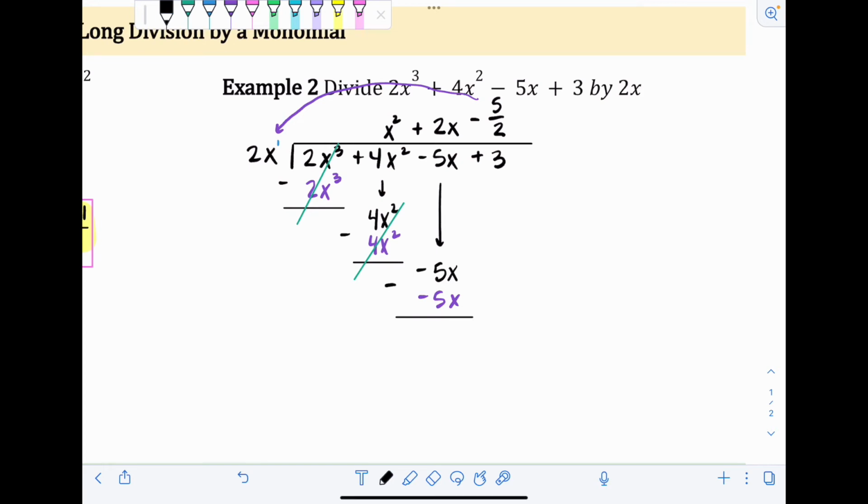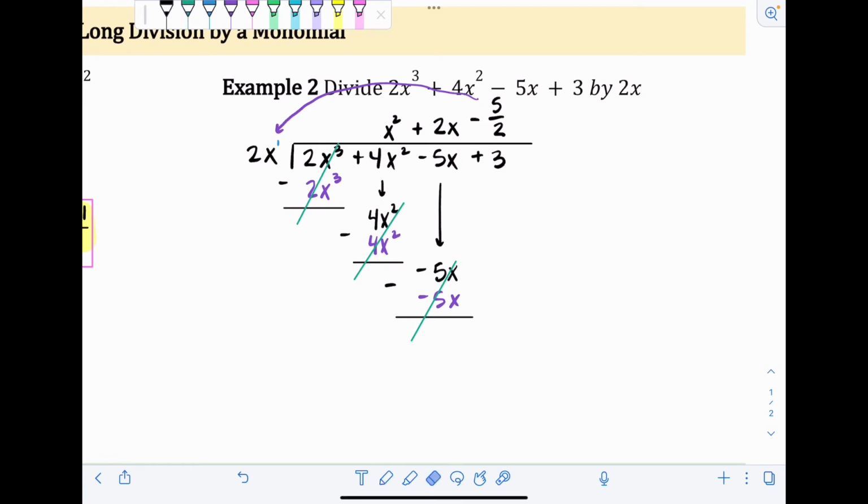So this is negative 5x minus negative 5x. Anything minus itself cancels out. You could also think of it as negative 5, and then this double negative turns into a plus, so negative 5 plus 5 is 0. Either way, whatever works for you, this should cancel out, and it does.